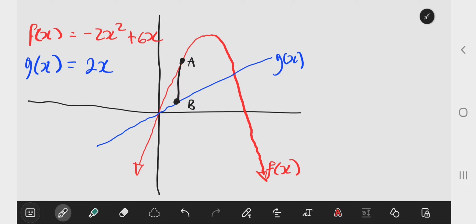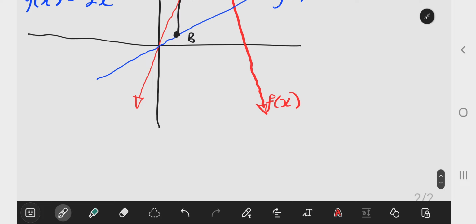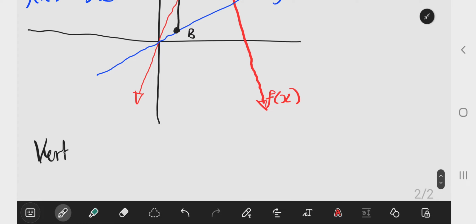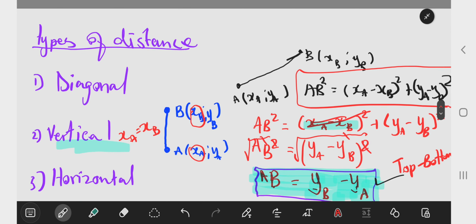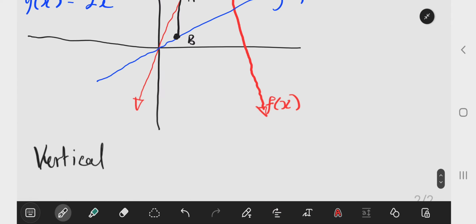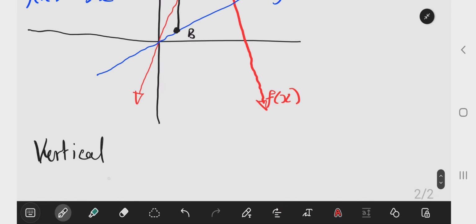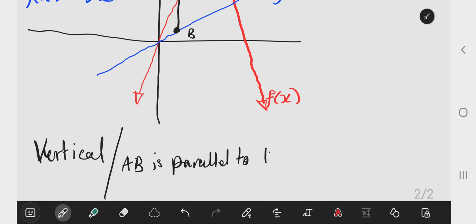So instead of ukuthi bakutshele ukuthi this is a vertical distance, for example lana ngiyakutshela ukuthi it's a vertical distance, so uyazi ukuthi if it's a vertical distance into ekumele uyenze la for vertical distance kumele uminus ini abo y kulama coordinates wethu, uthatha le y ngaphezulu minus lo y ongaphansi. So instead of ukuthi bakutshele ukuthi it's a vertical distance, another way for ukuthi bakutshele lokho bazothi AB is parallel to the y-axis.